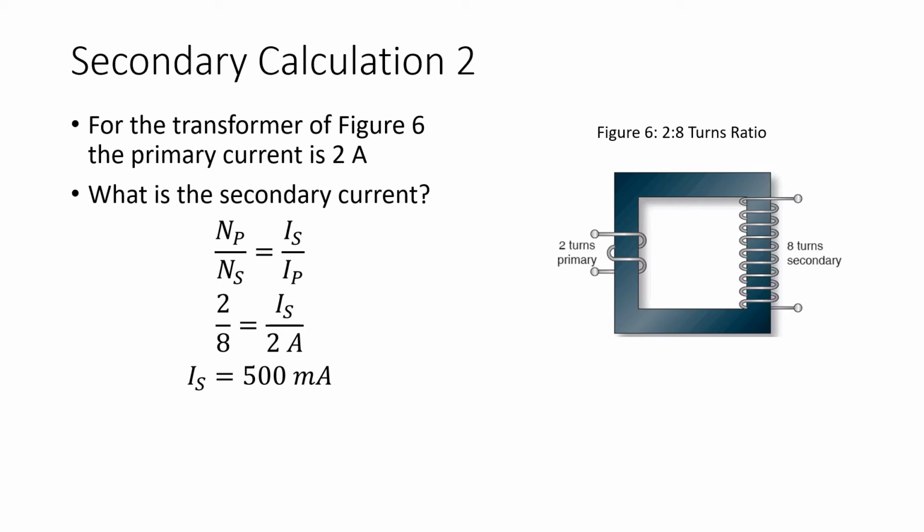And the other thing to note with the transformers illustrated in figure 5 and figure 6, they're showing us, for example, 2 turns of wire in the primary coil and 8 turns of wire in the secondary coil. And this is done merely for illustrative purposes, that with a transformer, we're going to have hundreds, if not thousands, of turns of wire in these coils.